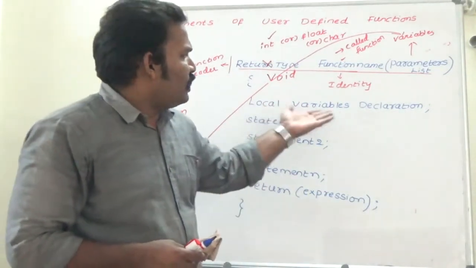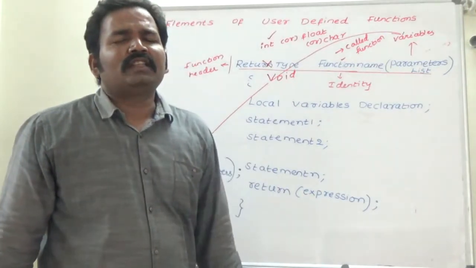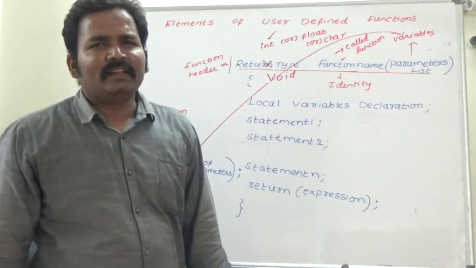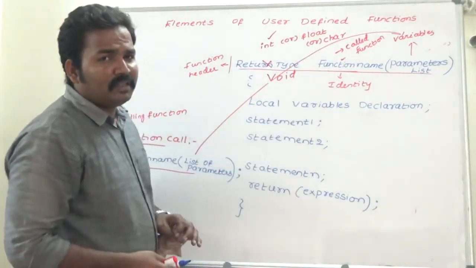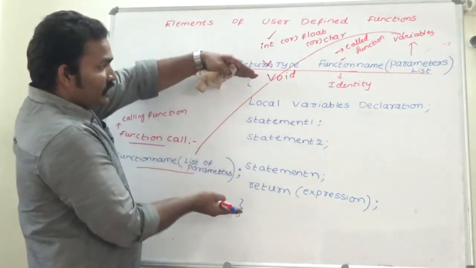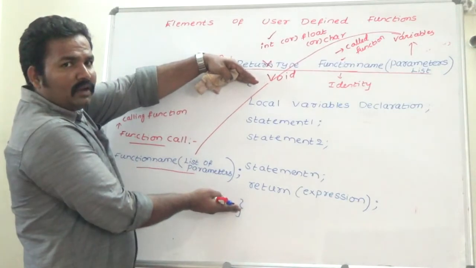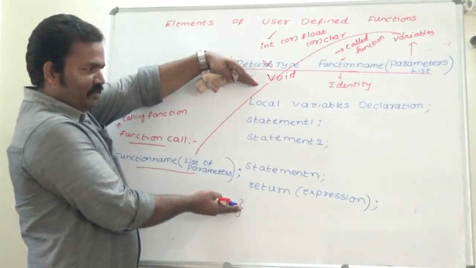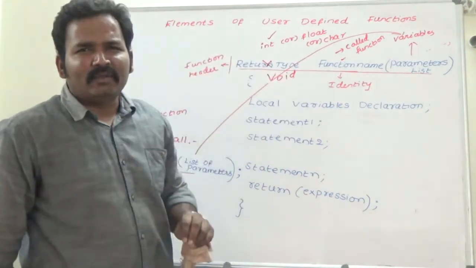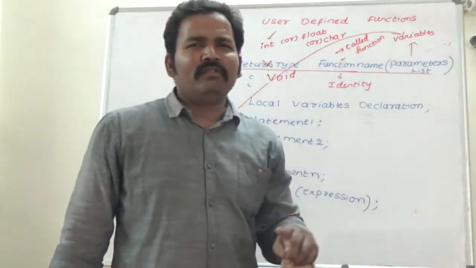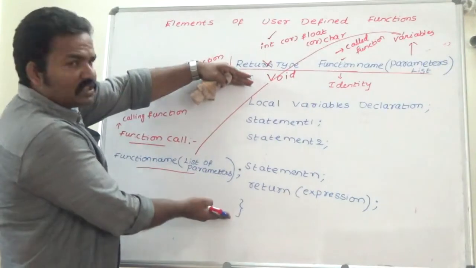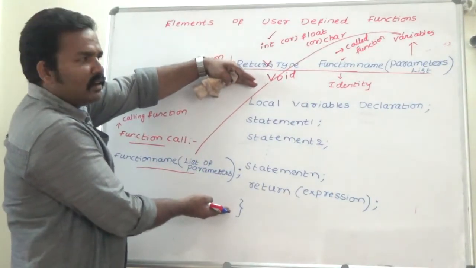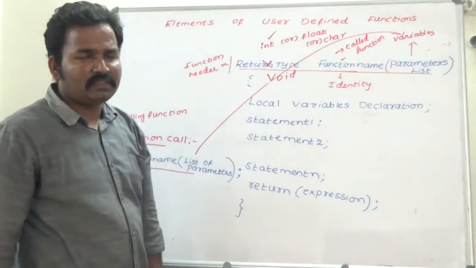Local variables are the variables which are declared within the function, or inside the function. There are two types of variables: local variables and global variables. The variables declared within the function are local variables.